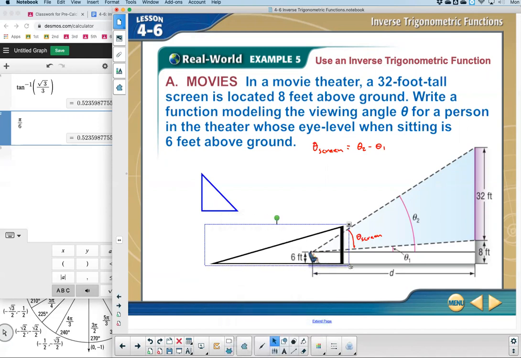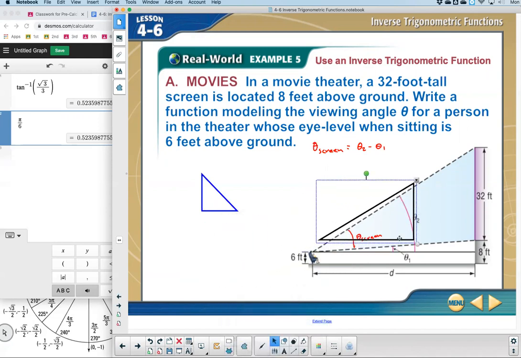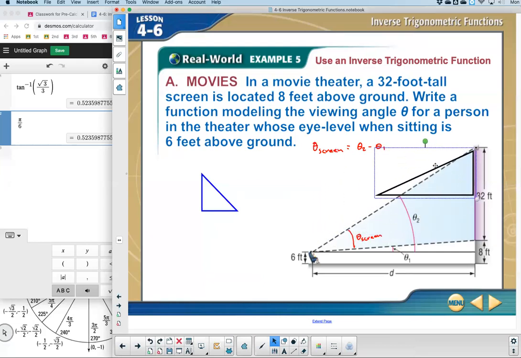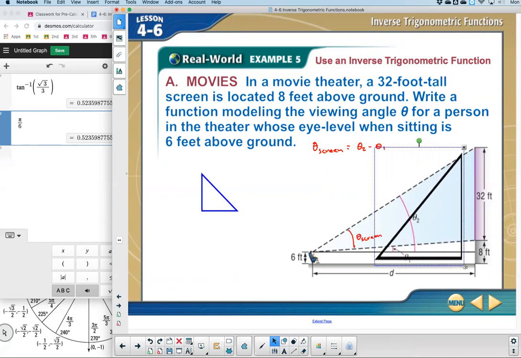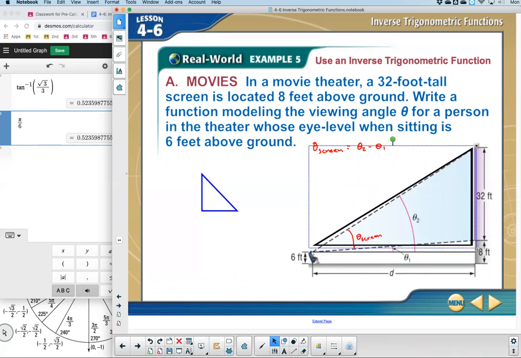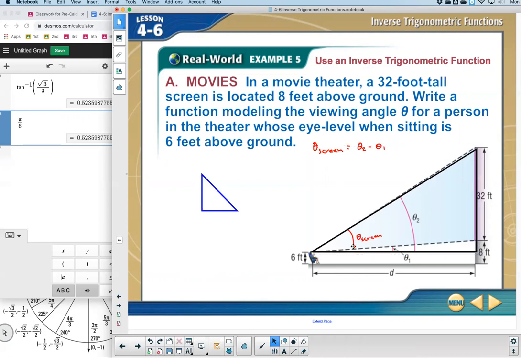Okay. There we go. So I want you to look at this big black triangle right now.